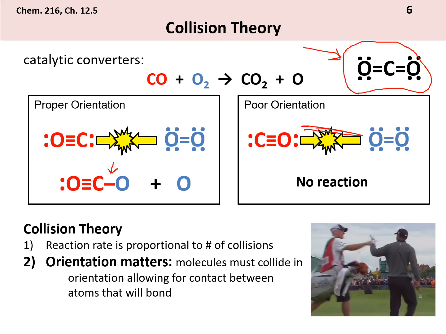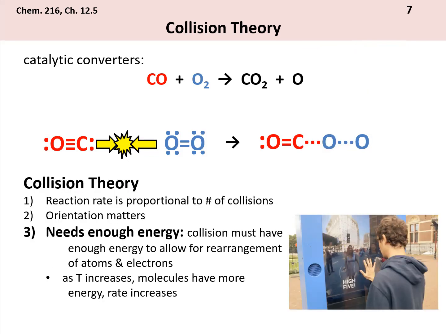So it's not just that we have to have a collision, but they have to be in the right orientation, okay? What does this mean for a high five? There's always this awkward moment where someone goes for a high five and someone goes for the fist pound, and then it's like, what is this, right? So orientation matters. All right, the third rule of collision theory is that you need enough energy, okay?